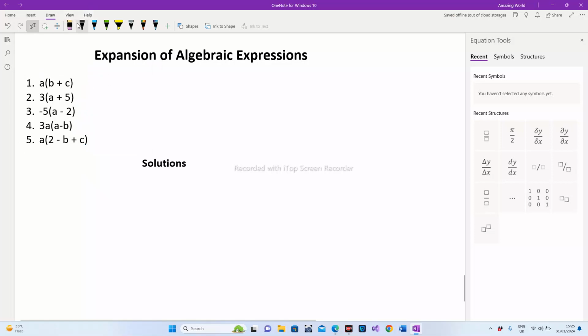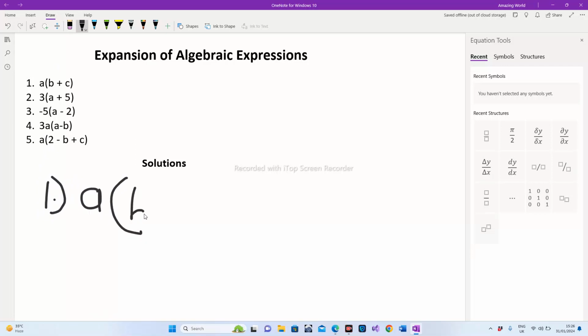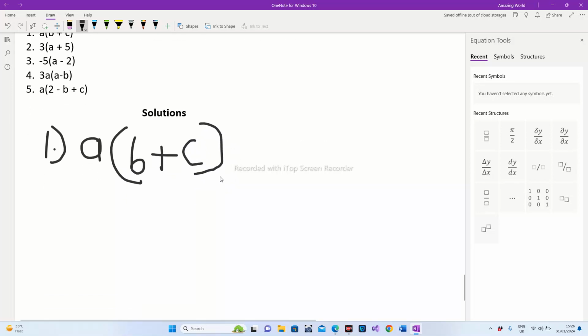So let's write that down. a(b plus c). And if we know anything about basic maths, when we are dealing with any expression involving brackets, it's always a very good practice to treat the problem in the bracket or within the bracket first.